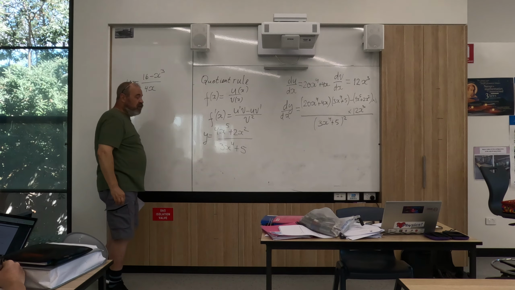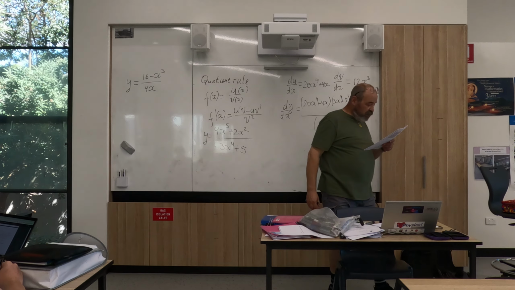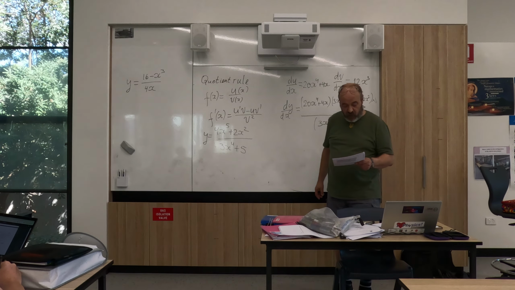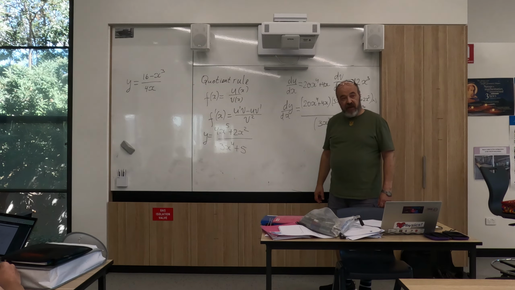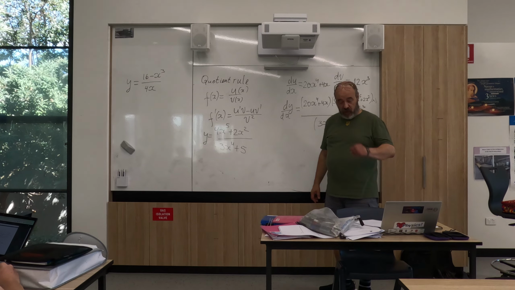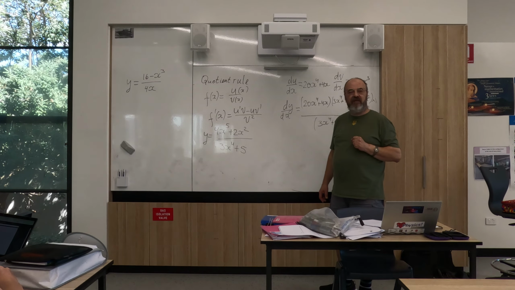So let's sketch the graph of the rational function 16 minus x cubed over 4x. I will suggest what will be the best way to do it. Any ideas? What will be the easiest way to sketch such a graph? Intersections.